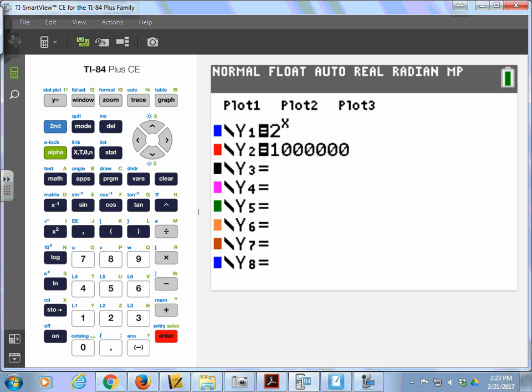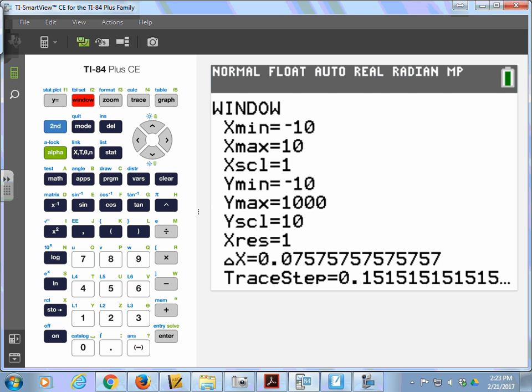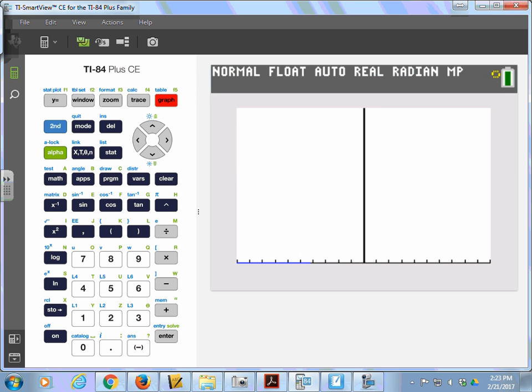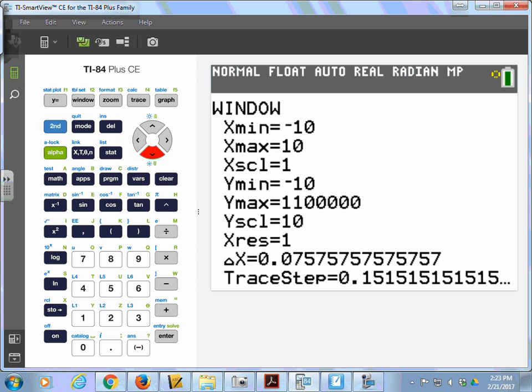I know my window has to be big enough to get to 1 million for y max. So 1, 2, 1, 2, 3. All right, graph. Looks like I'm going to need to go a little farther to the right. So let's go 30.